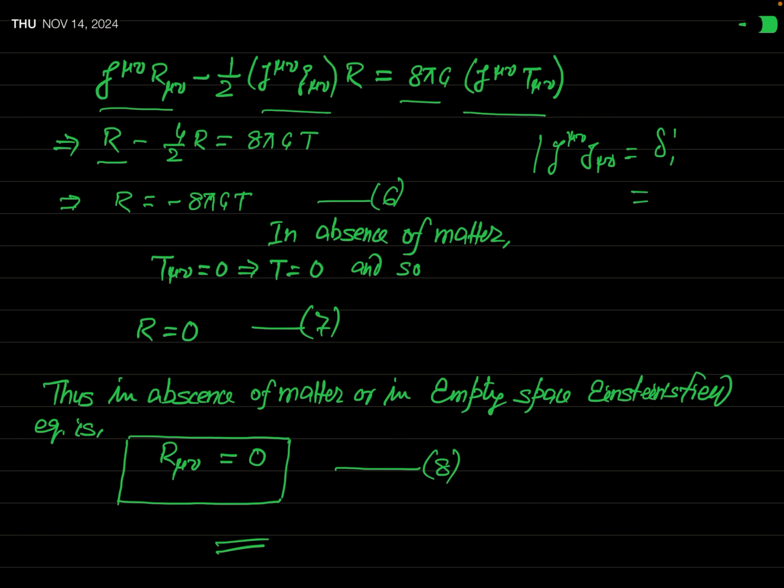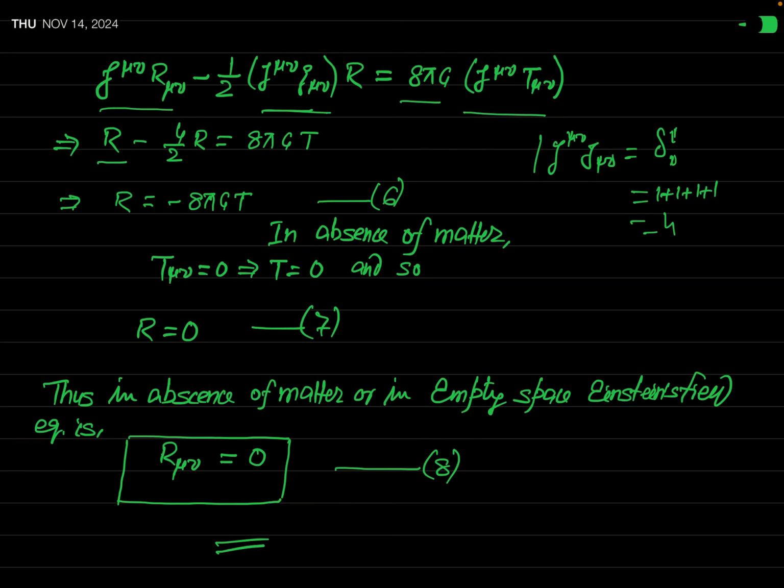According to Einstein's summation convention, delta i i will be 1 plus 1 plus 1 plus 1. Here there is no sign of summation, but according to the summation convention, there will be a sum of 4 terms, and this will be equal to 4. So this product is equal to 4.